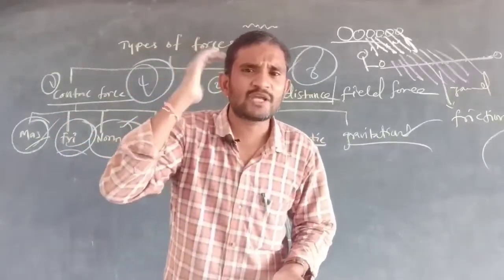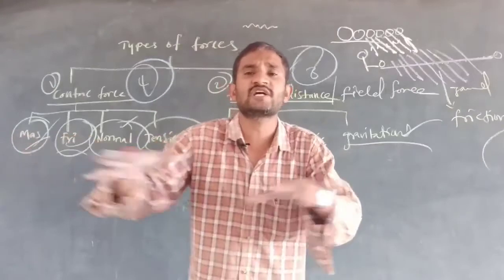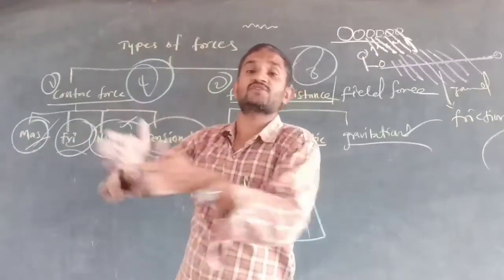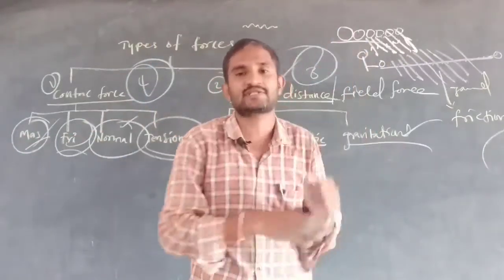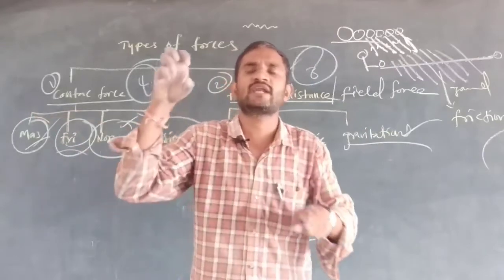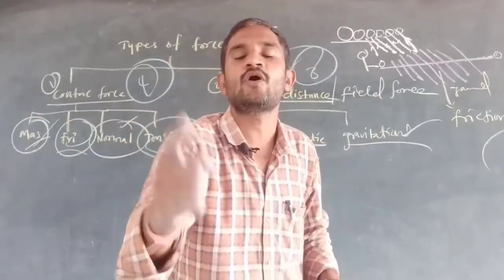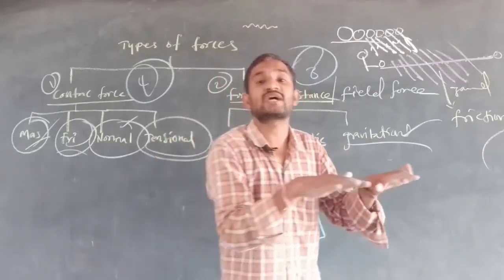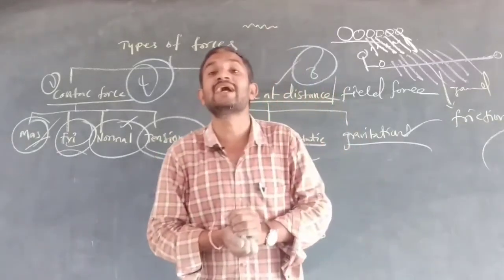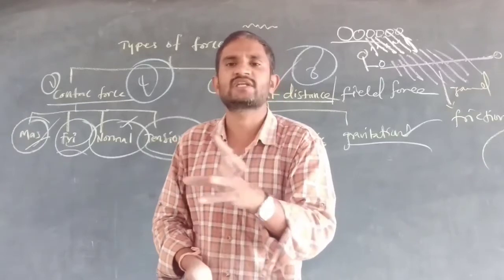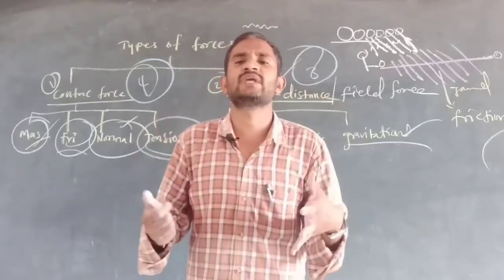Simply we have to keep in mind: rough surface, more friction; smooth surface, less friction. Wherever you go, where there is a rough surface, the friction will be more. Where there is a smooth surface, the friction will be less. The friction is helpful for us in doing anything.